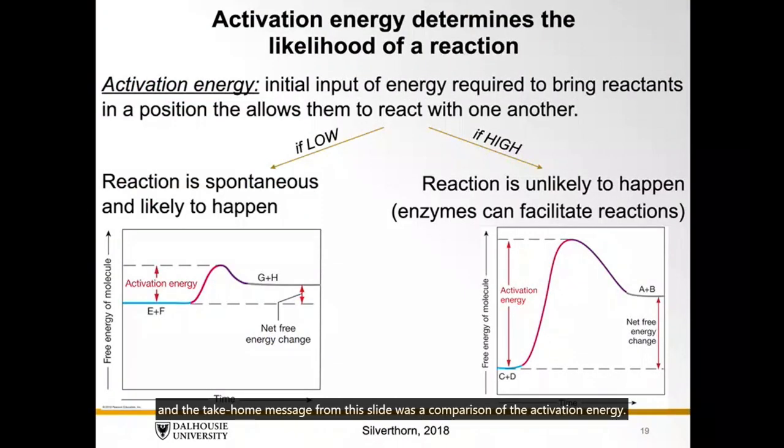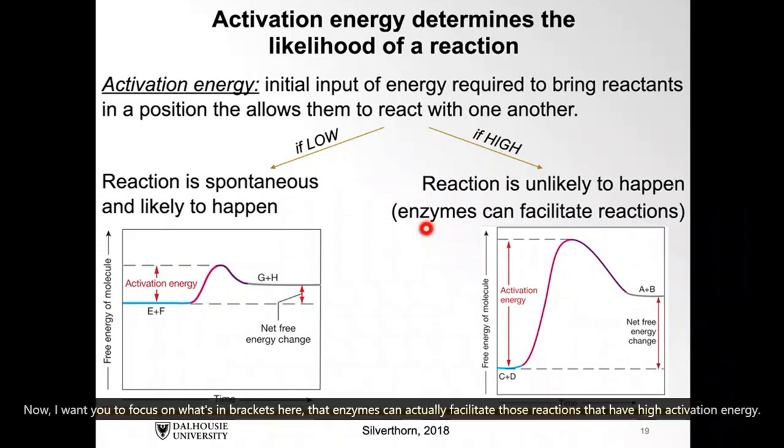And the take-home message from this slide was a comparison of the activation energy. So on the left-hand side, we had low activation energy. So there's just a little hump to get over for this reaction to happen. And on the right, we had this really large activation energy. And we had said that because of this, the reaction was less likely to happen.